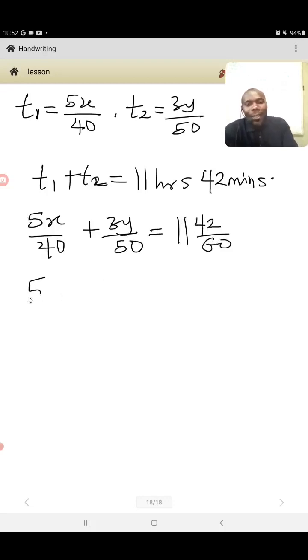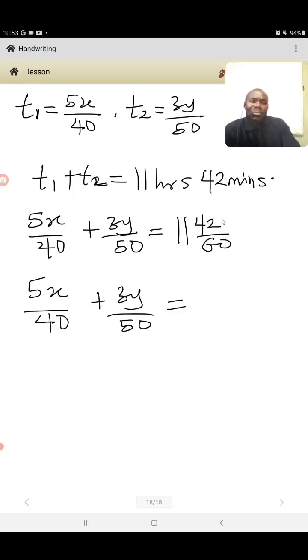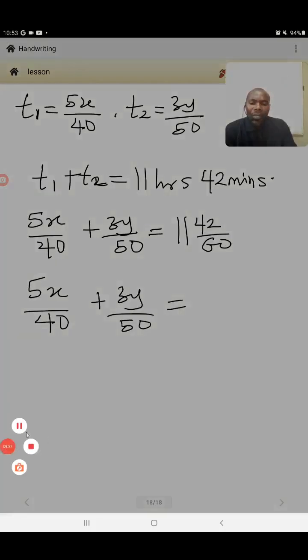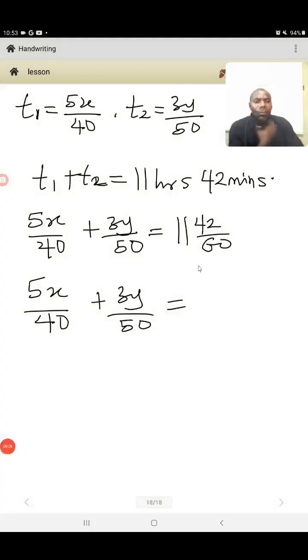So you try to rearrange it back. In 42 over 60, you try to reduce it. 6 in 42 gives 7, and 6 in 60 gives 10.